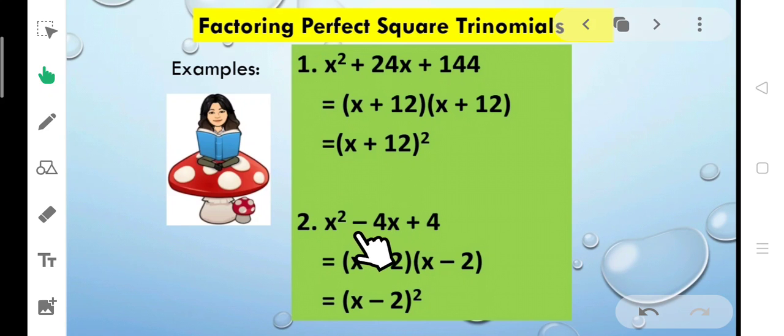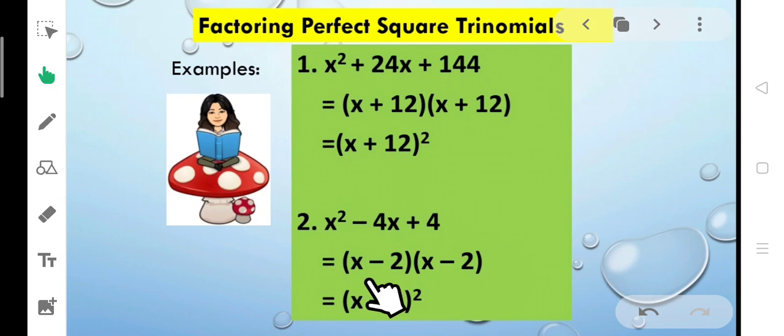Since the middle term is negative, I am going to use negative for the factors of the last term. Negative 2 times negative 2 is 4, and when I add negative 2 and negative 2, I obtain a sum of negative 4. Okay, so this must be considered.